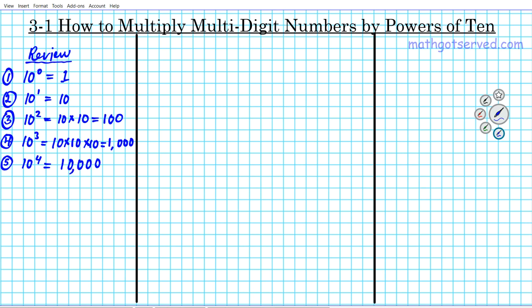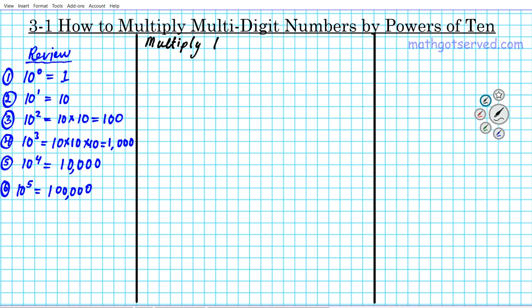Like that. Alright, so let's go ahead and take a look at some examples. Let's do one more just to emphasize. Number 6, 10 to the 5th power. It's going to be 1 with 5 zeros. 1, 2, 3, 4, 5. 100,000.